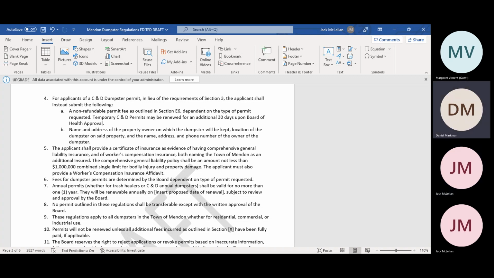Just for context before you continue, I thought it would be illustrative, so I looked up Northbridge's fees. Their trash hauler permit is $200. If you just want a permit to provide people with construction and demolition dumpsters, it's only $150. For a temporary permit, which is paid for by a contractor providing a dumpster to a property owner, it's only $25.